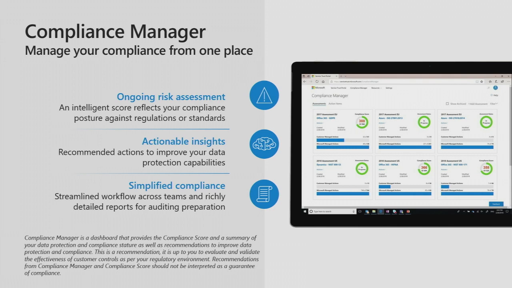It is built as an ongoing risk assessment tool. It gives you actionable insights. It shows you how many points you have for a specific control that could lead to meeting GDPR regulations, or HIPAA regulations and so on. And then it simplifies compliance. Basically, it tells you what you have already done, and it encourages you to do more to reach a higher compliance score.